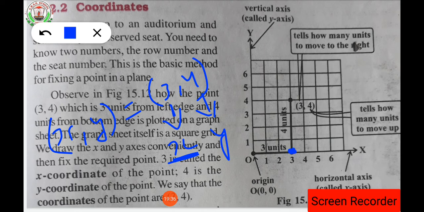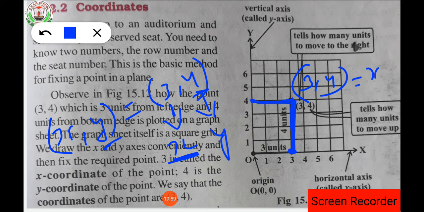Then the value of y here is 4, making a dot over there. Then we extend the lines to where they meet, that means 4 and 3 meet at a particular point. That particular point is set as 3, 4.